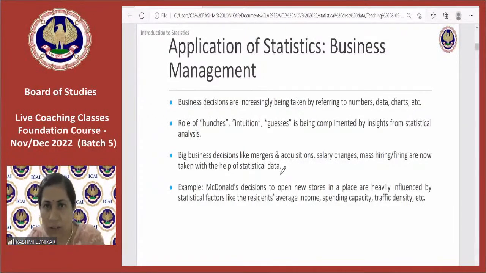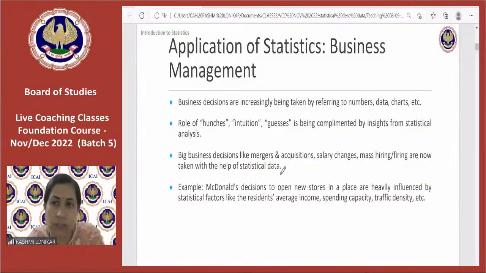Suppose I'm a TV manufacturer, how are the other TV manufacturers performing? All the data is now collected and published by the government or the industry segment. The industry associations collect this information and make it available. So that information is now available.